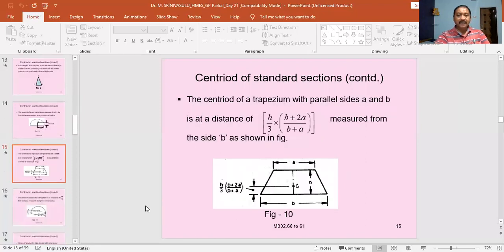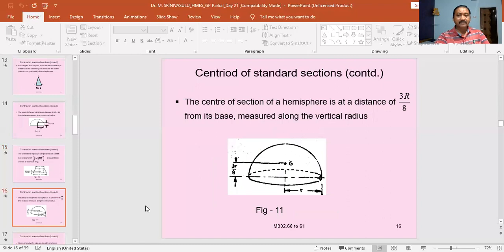And for the trapezium, here also it is symmetrical about the y-axis. So the y coordinate is equal to h by 3 into (2a plus b) by (a plus b), where b is the larger side and a is the smaller side.